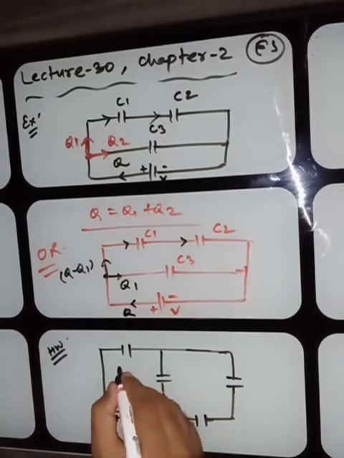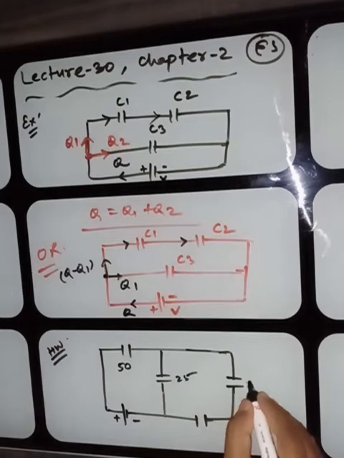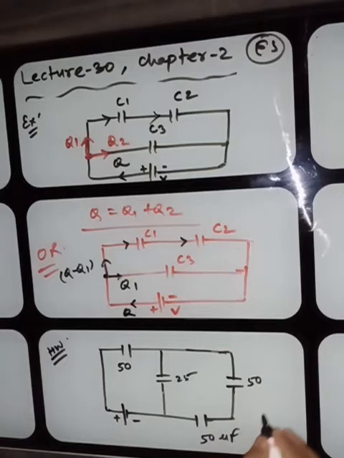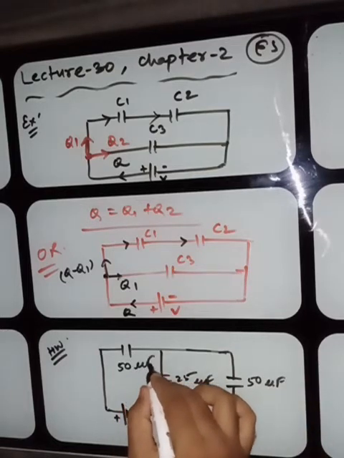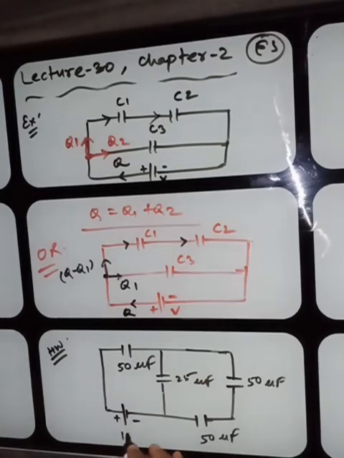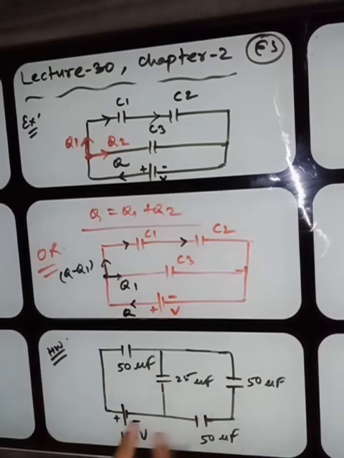This is 50, this is 25, this is 50, and this is also 50, all in microfarad. Suppose this is 100 volt. You have to find charge on each capacitor and potential across each capacitor. This is your first homework, my dear student. Now the second one.